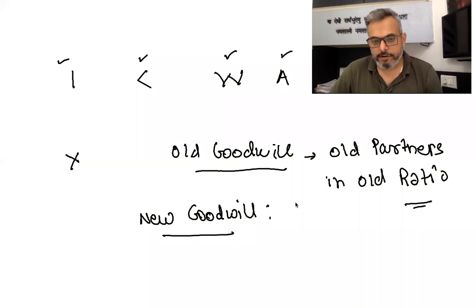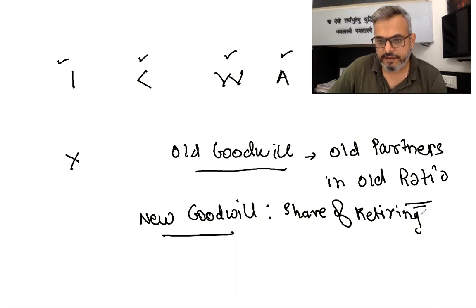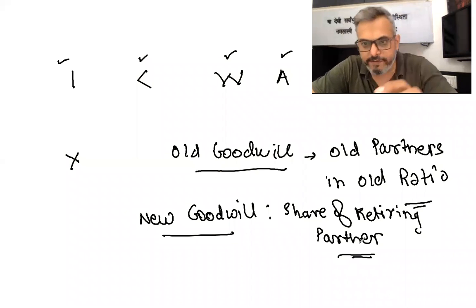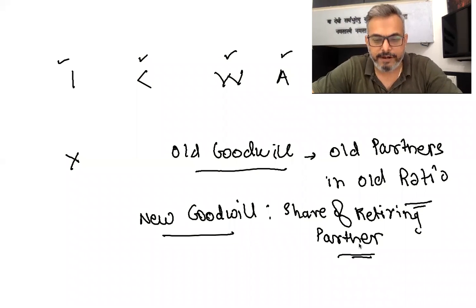So over here, what we have to first find out from the new goodwill is the share of retiring partner. Now retiring partner का जितना भी शेयर है वो हमें क्या करना है? We have to find the share of retiring partner, and all of that share of the retiring partner will be credited to the retiring partner.